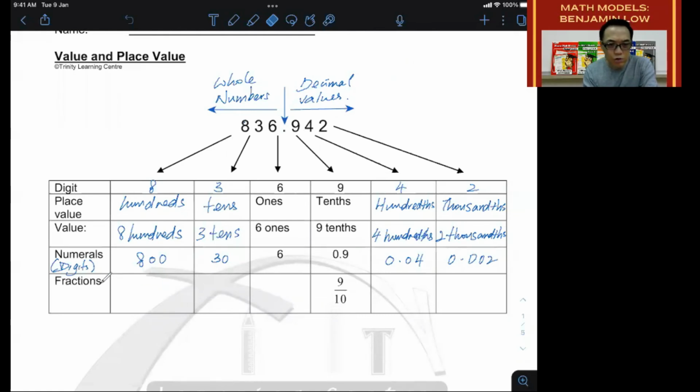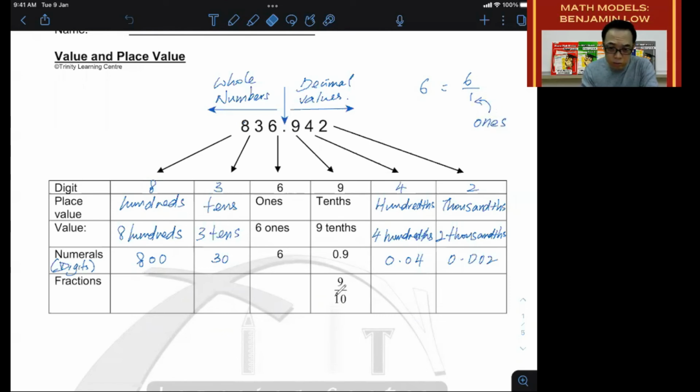Okay, lastly, how do you write fractions? Well, if you have 6, and I said write 6 as a fraction, your answer is that it is made up of 6 over 1. Why? Because the 1 here represents ones.